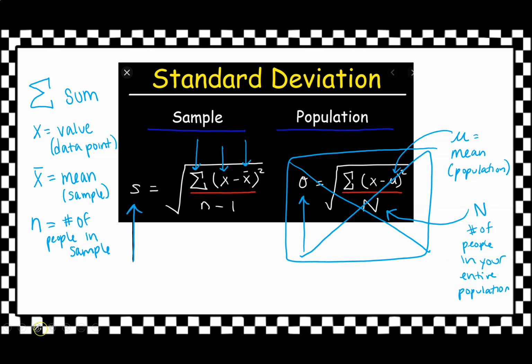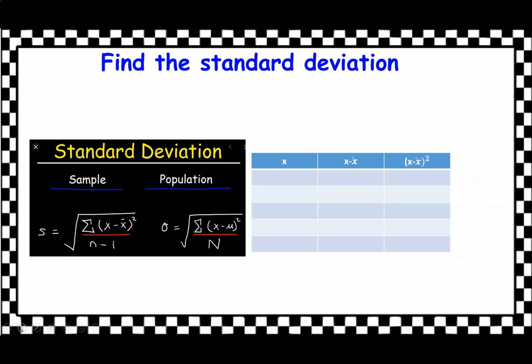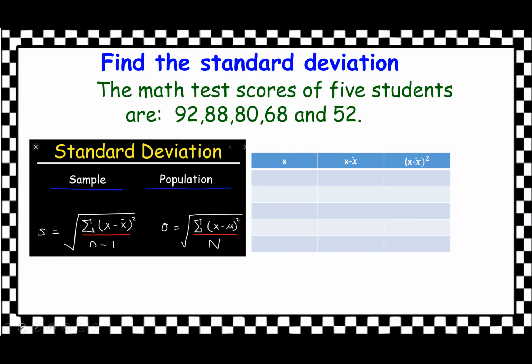All right, let's move forward. I want to go ahead and actually find the standard deviation. Just as a reminder, the standard deviation is kind of telling us how spread out the data is. Meaning, do most people score around the same, or is there a huge difference in scores?